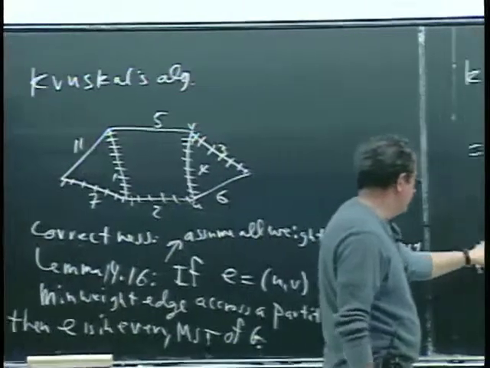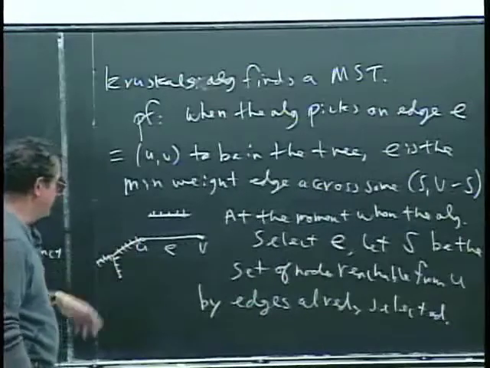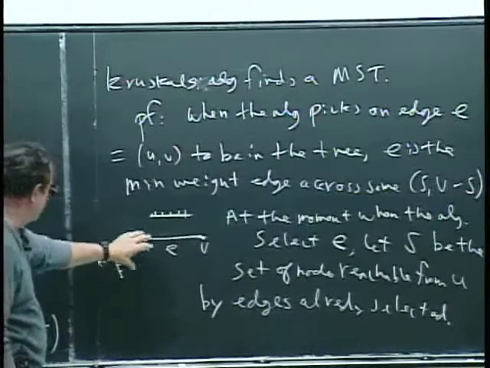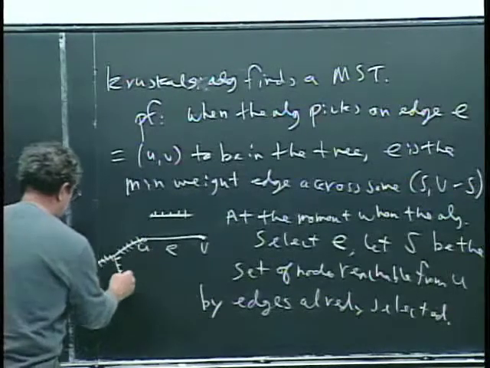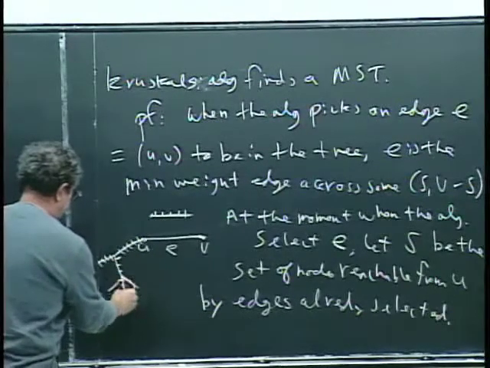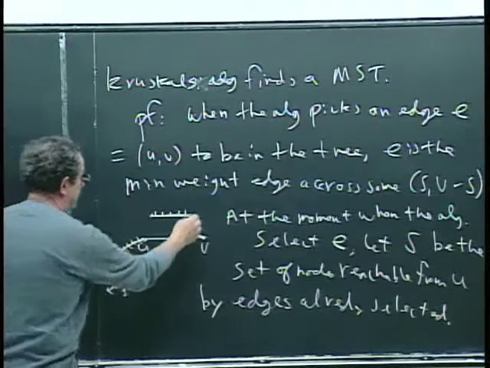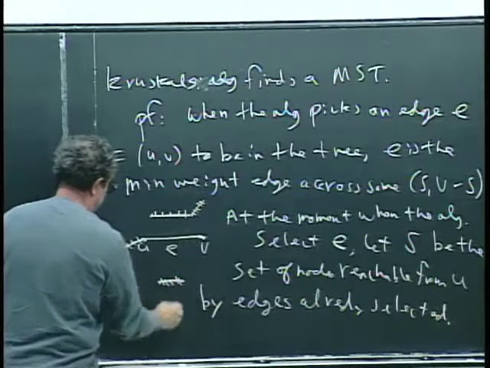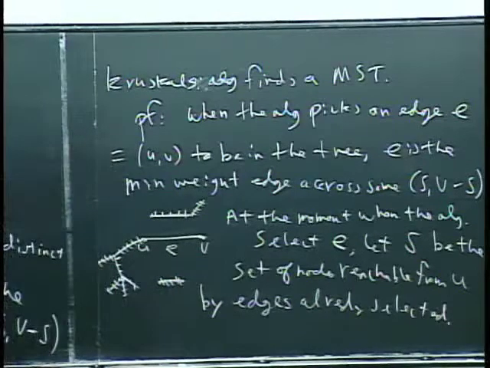The choice of U as opposed to V was arbitrary, but just looking at one end. Okay? There's some set that's reachable by what you already selected, and some set that's not reachable. Okay?